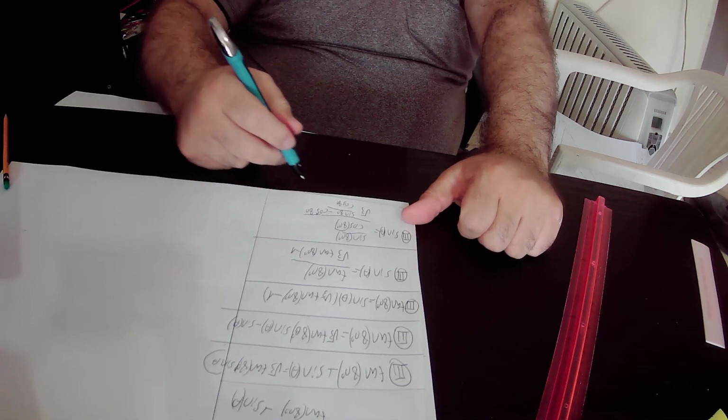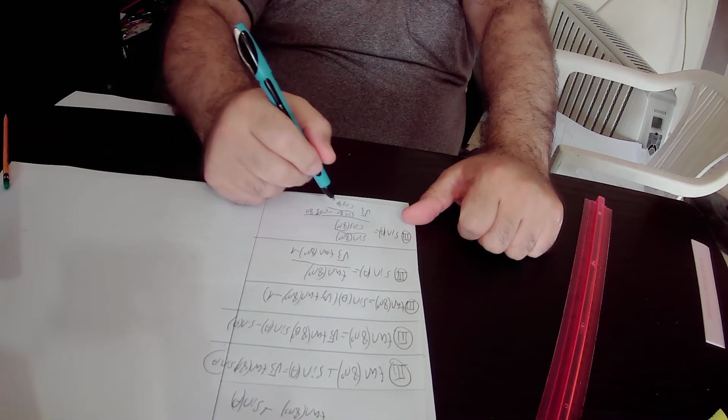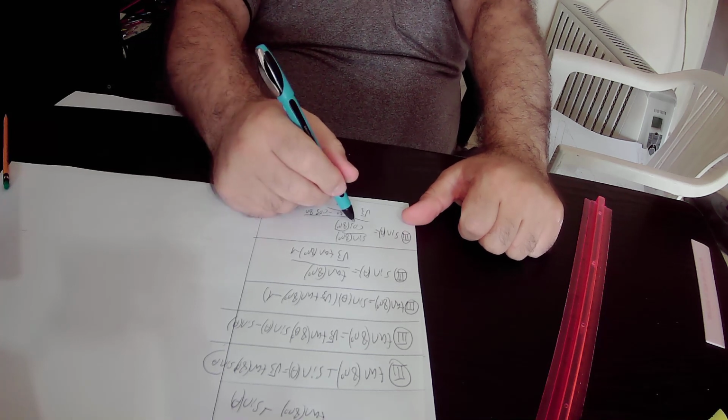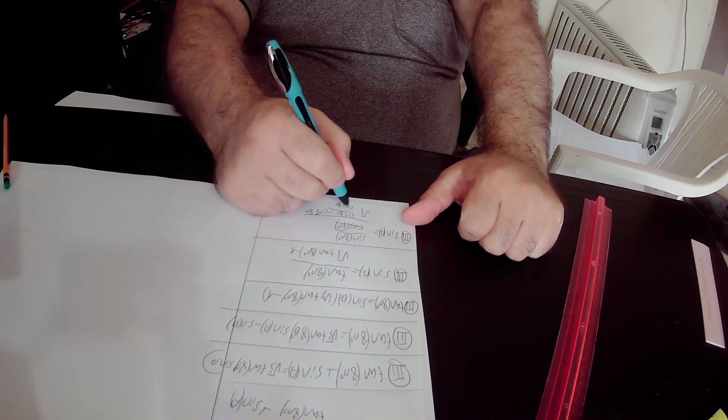And here we have cosine 80 degrees in the numerator and in the denominator, so cosine 80 degrees will get cancelled.